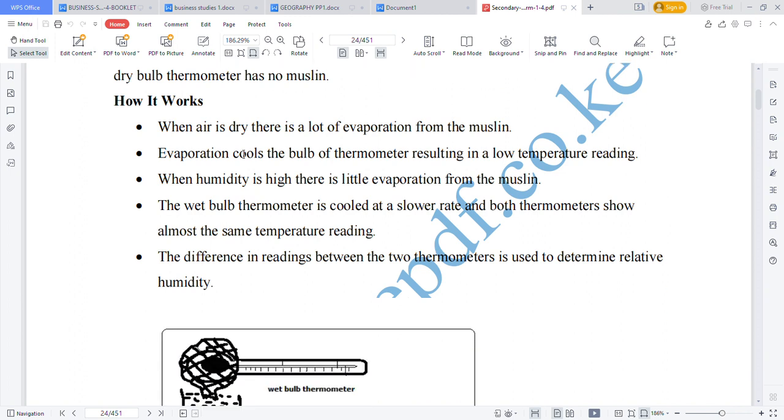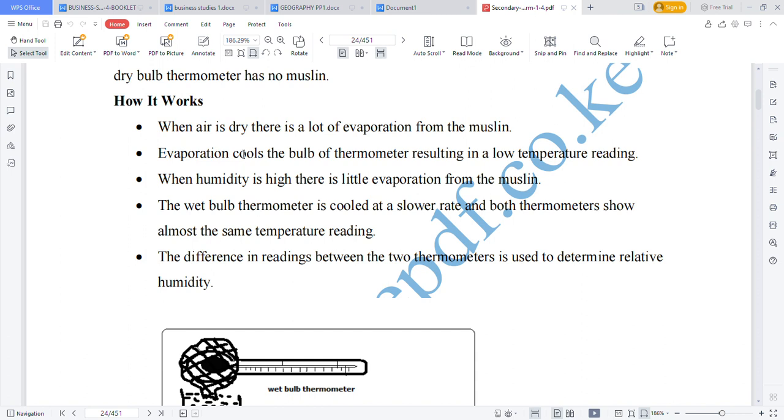How does it work? When air is dry, there is a lot of evaporation from the muslin bag. Evaporation cools the bulb of the thermometer, resulting in a low temperature reading. When humidity is high, there is little evaporation from the muslin bag.